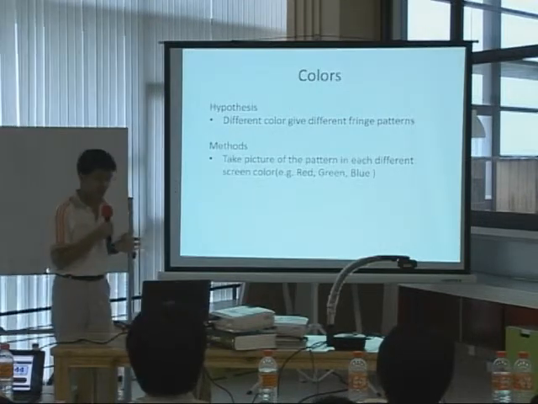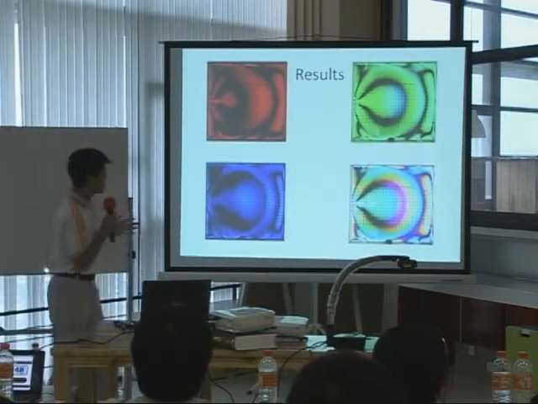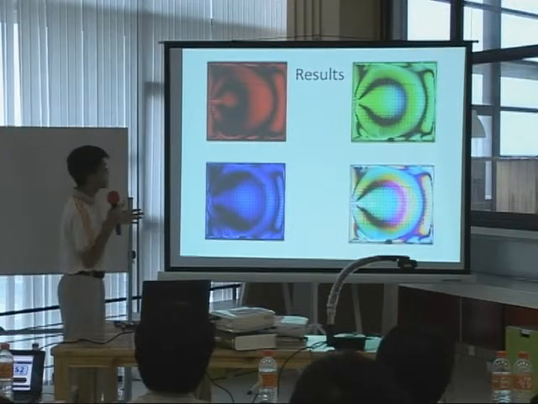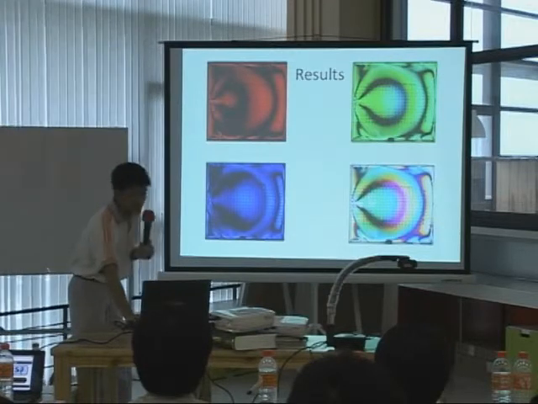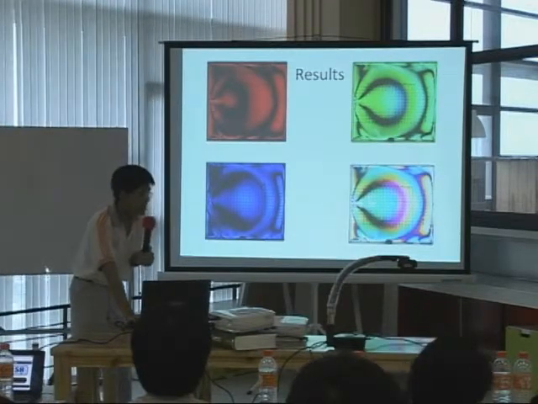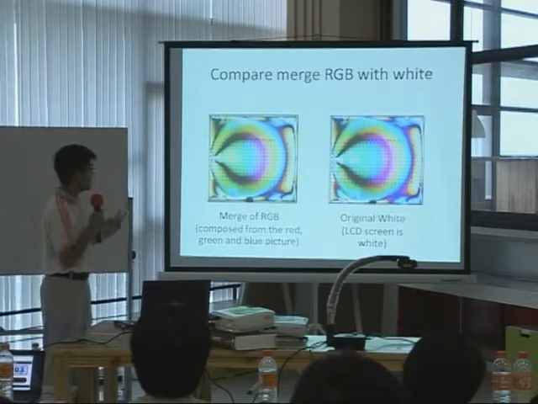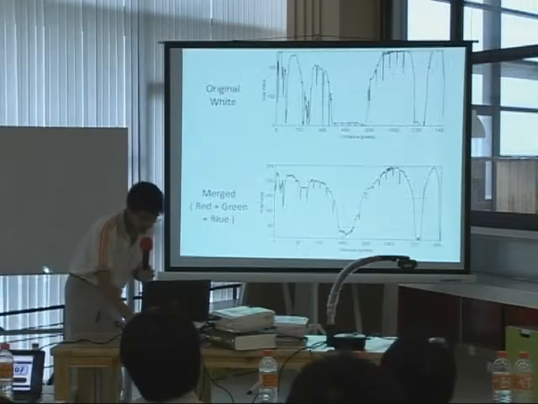Next is colors, whether different colors give different fringe patterns. These are the results. You can see from different LCD screen colors, they give different patterns. And when we merge the red, green, blue pictures together, we get something like this, which we compare with the original white. It is quite similar.